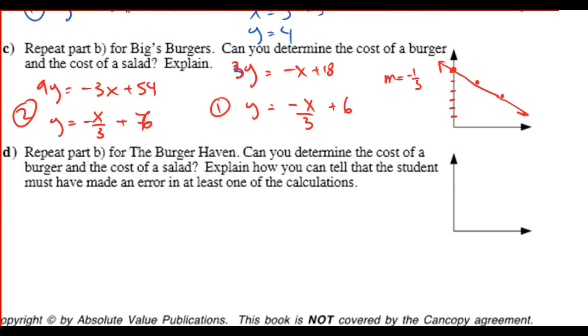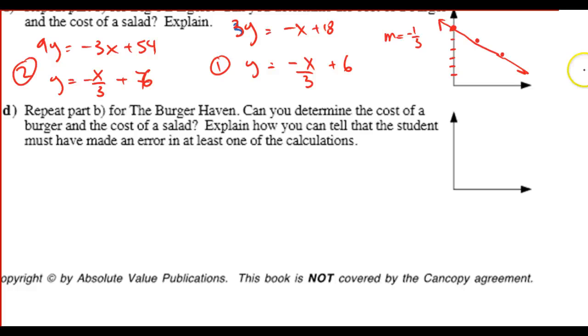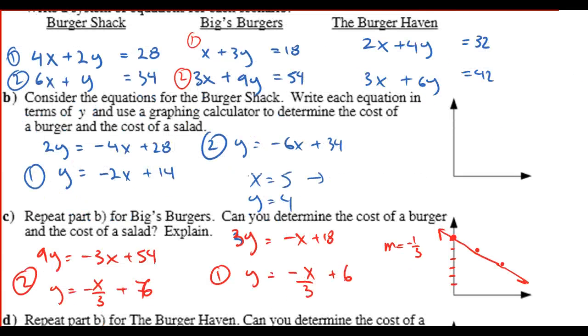All right, let's go ahead and do this last one for the last burger place. Let me just rewrite it over here so I don't have to scroll up and down. That's going to be 4y equals negative 2x plus 32. Y equals negative 1/2 x plus 8. That's equation 1.